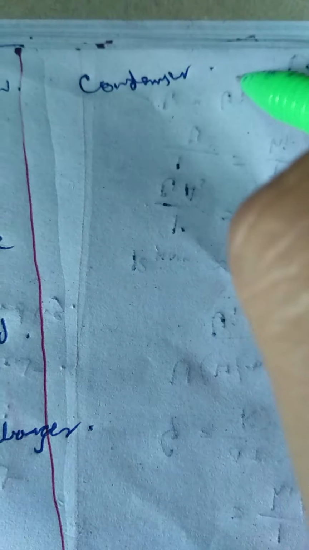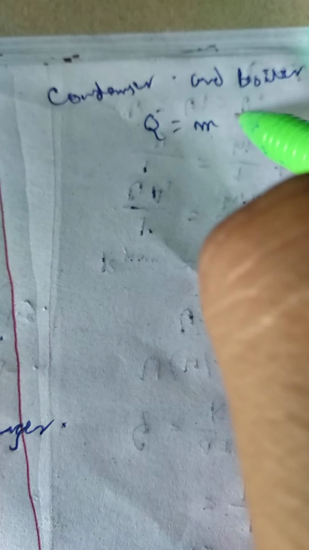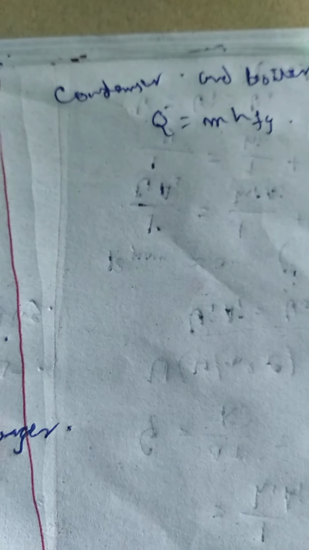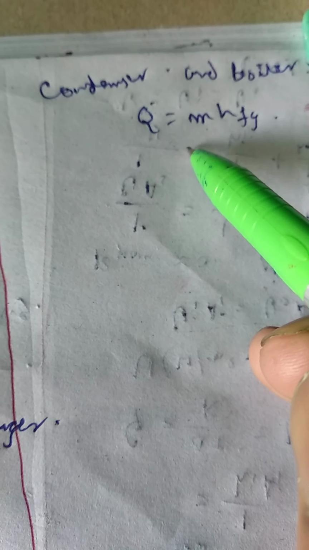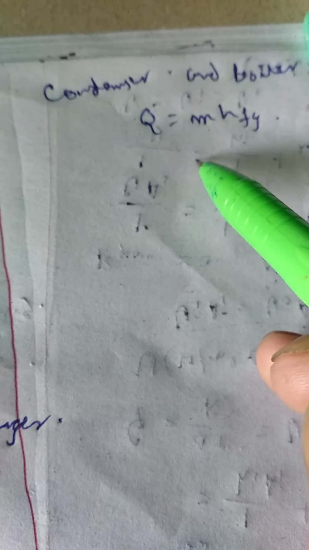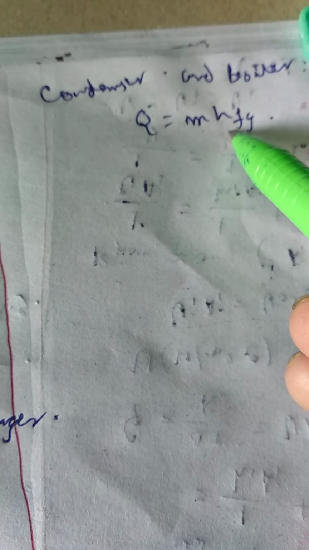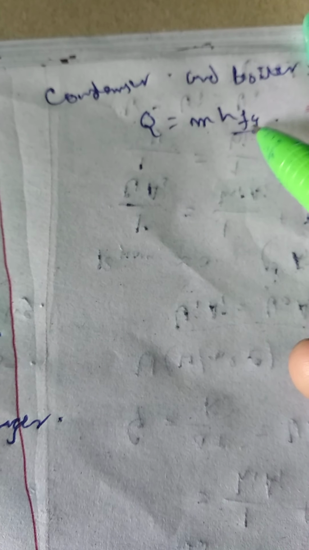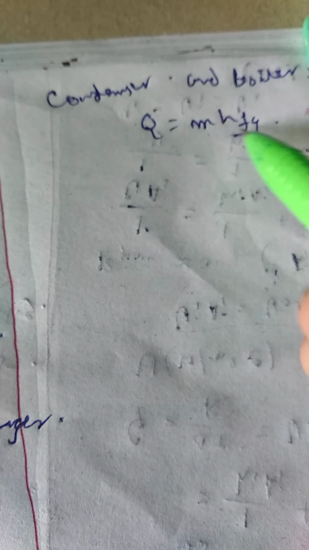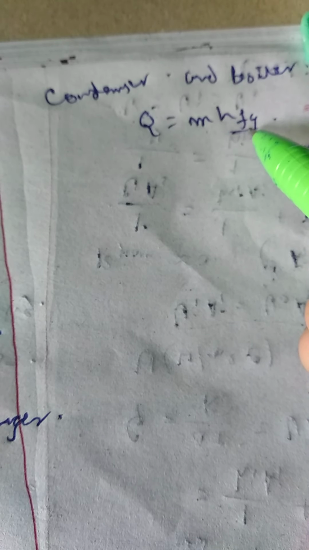In these heat exchangers, the condenser and the boiler, a phase change of the liquid takes place, and the heat transfer rate can be expressed as Q = m hfg, where m is the mass rate of evaporation or condensation of the fluid, and hfg is the enthalpy of vaporization of the fluid at a specified temperature and pressure.